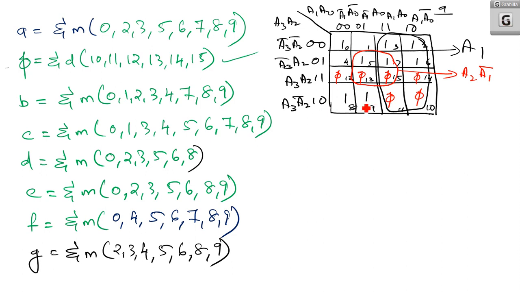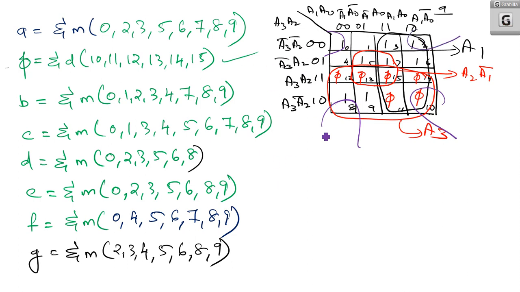To include this one, you can go for this biggest quad. What will we get? A3 is common. Now to include this one, you can have another quad, taking the corners. Which is common here?